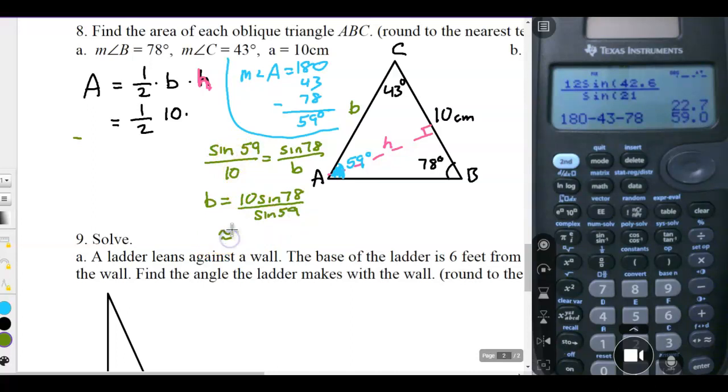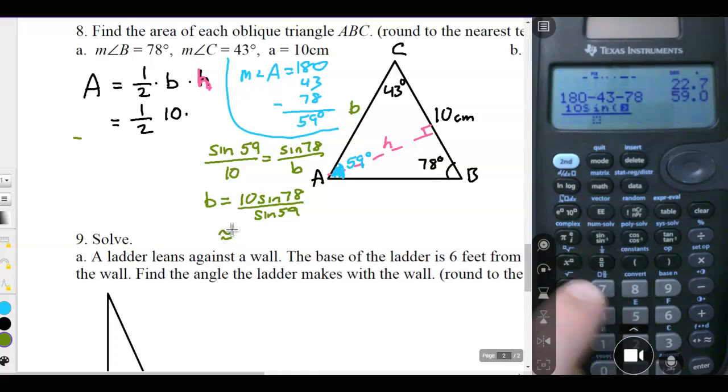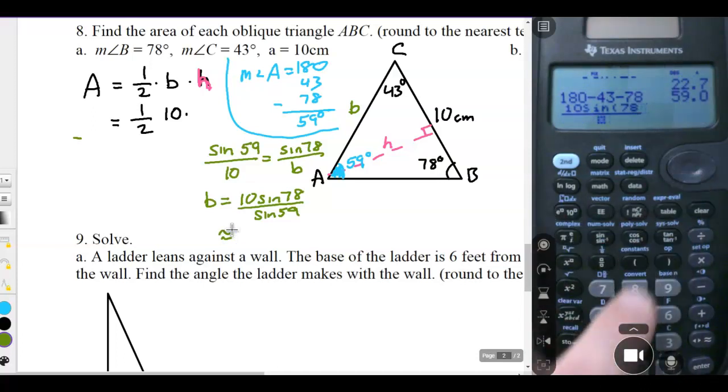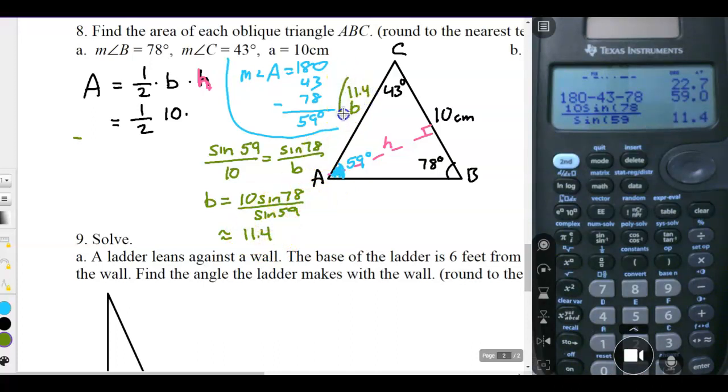That gives us an approximate value of 11.4. All right, so we got B is about 11.4. So now I have this triangle right here.